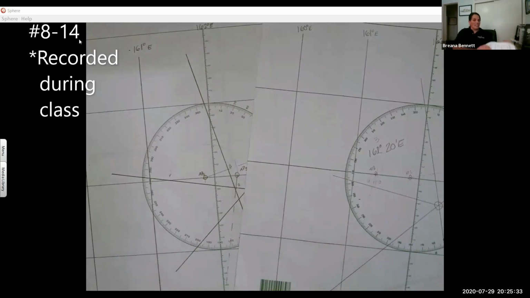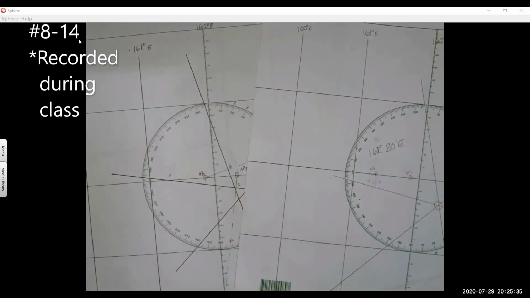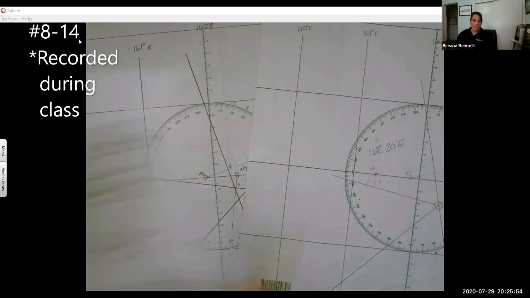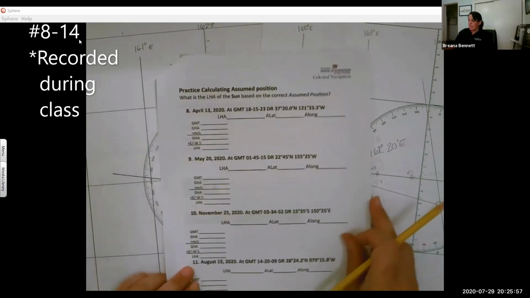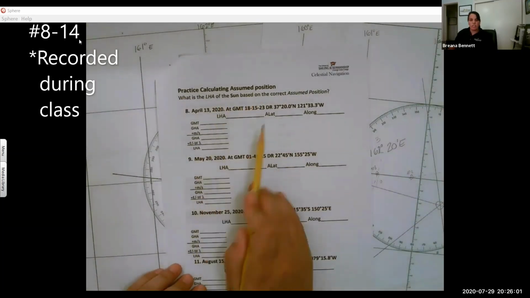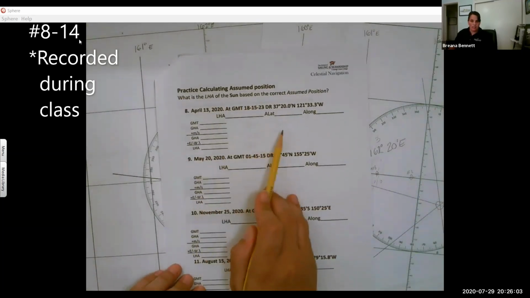In your earlier part of the discussion today, you kind of glossed over how you entered 229. I was wondering if you could go back over that. Yes, so number 8 of the homework assignment is calculating our assumed position and how we go into Pub 229.